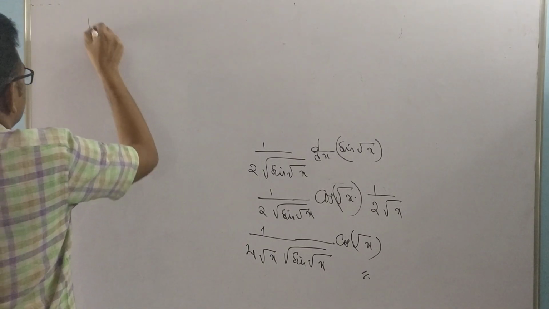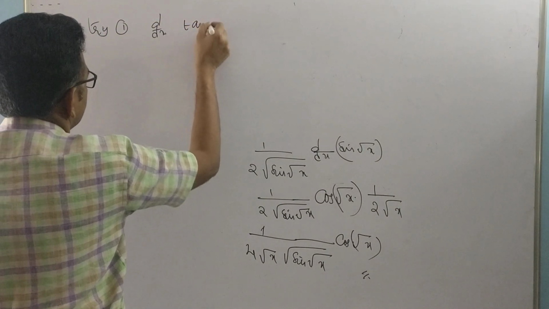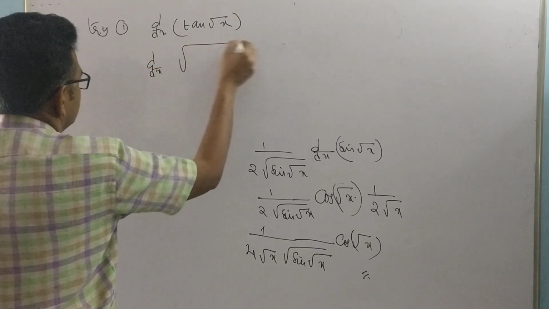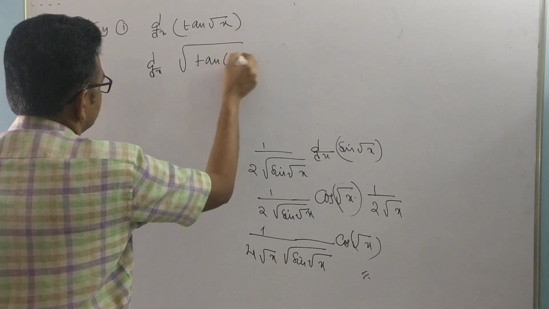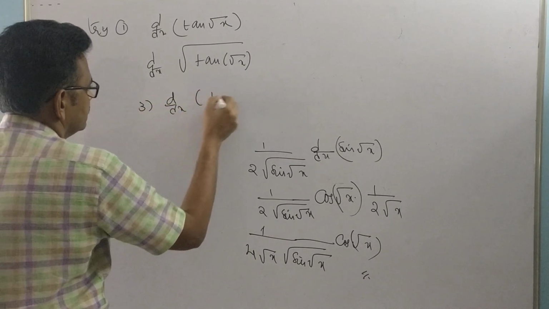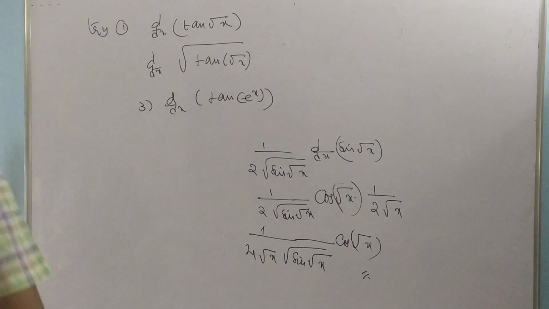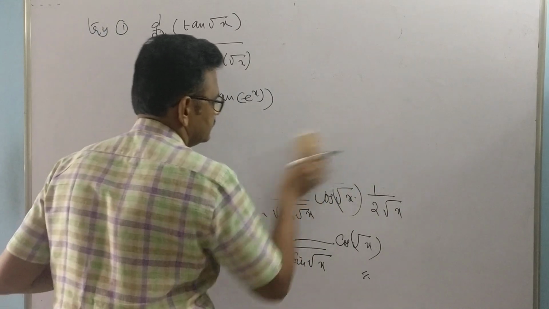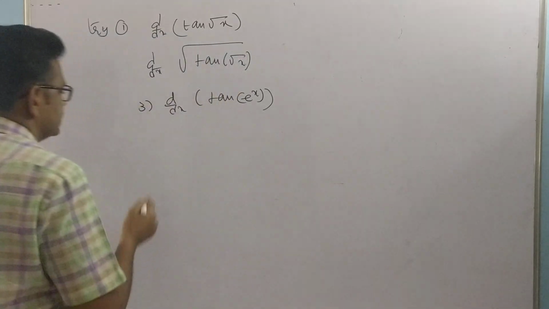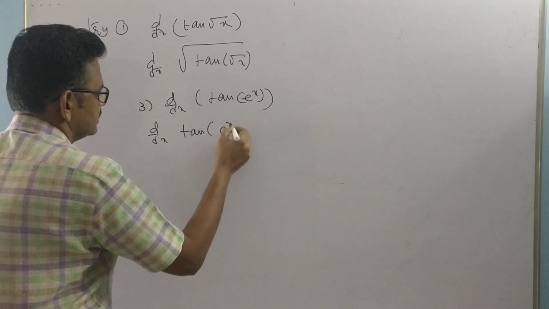Now same model problems, you try problems. Derivative of tan of root x. Derivative of root of tan of root x. Derivative of tan of e power x. Next one, derivative of tan of a power x.